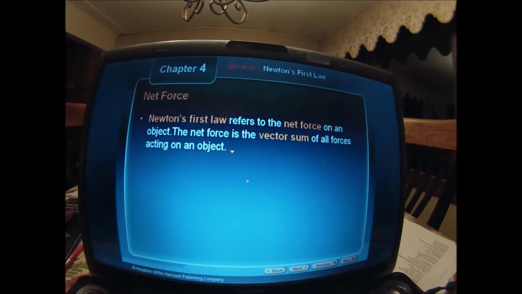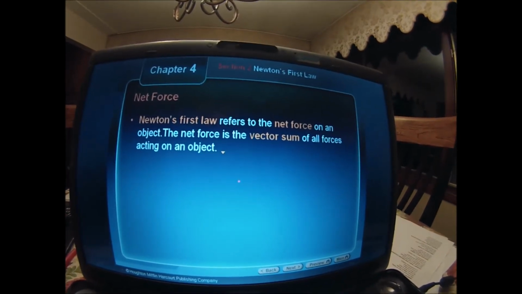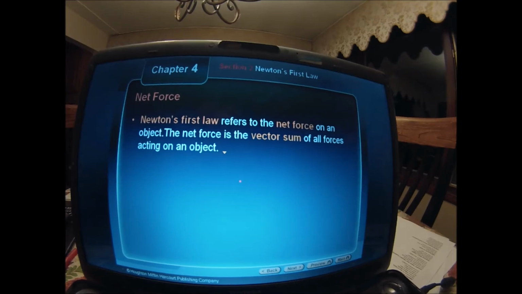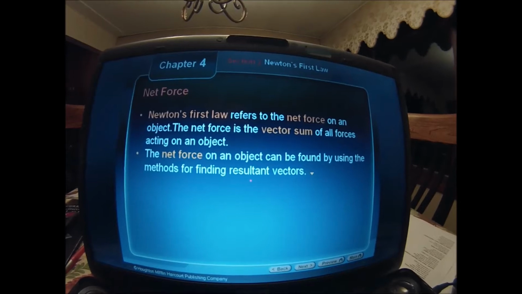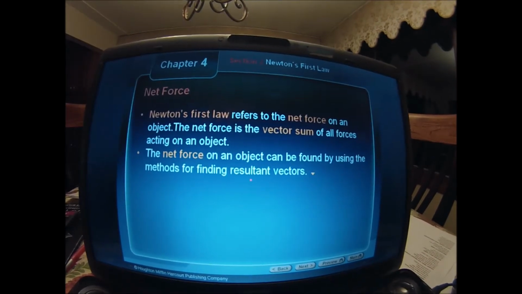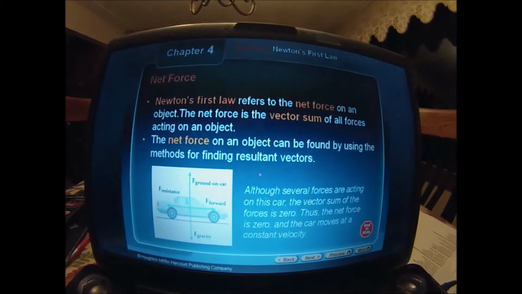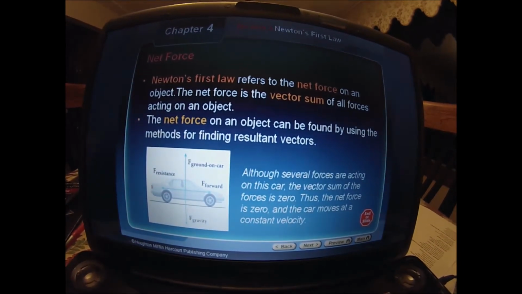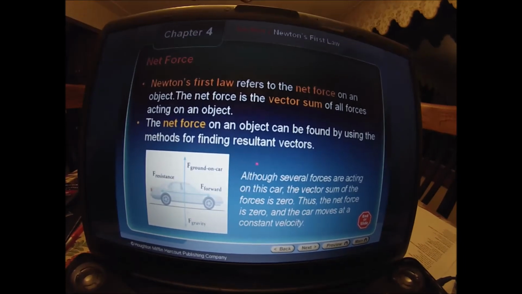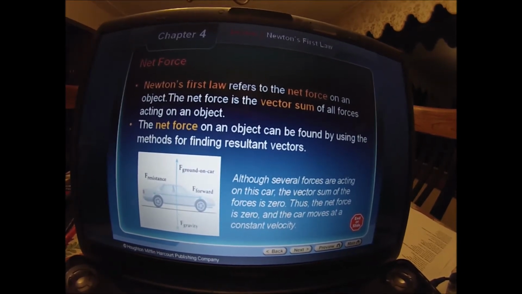So what is the net force that we're talking about? Newton's first law refers to the net force on an object, and that is the vector sum of all the forces that are acting on that object. And we can find that by using the methods for finding the resultant vectors, like we found in chapter 3. In this case, we're showing a car with the force of gravity pulling down on the car, and the ground expressing a force pushing back up on the car with equal and opposite forces.